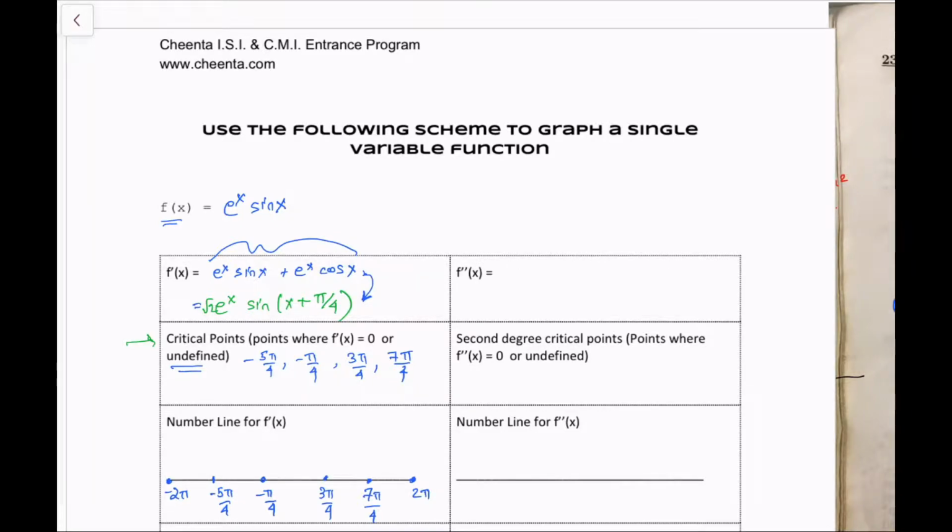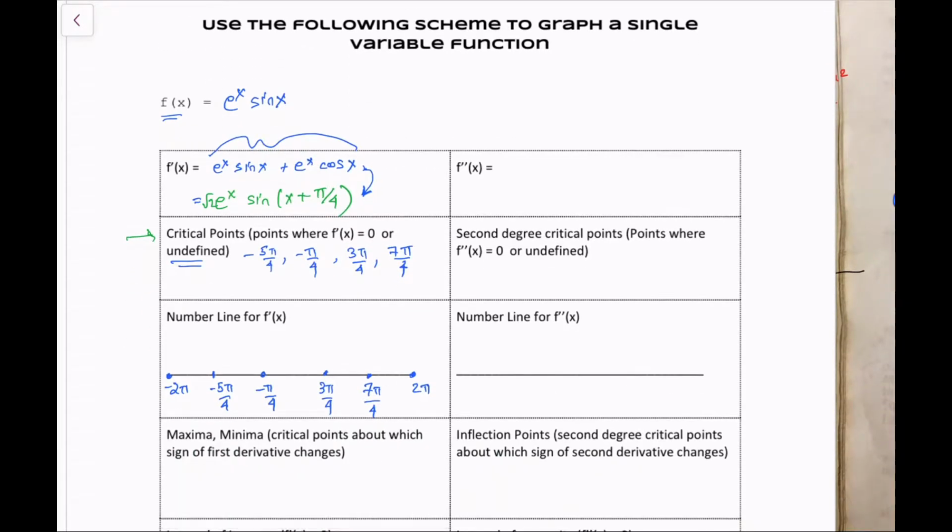And then we found the critical points where the first derivative is 0. It's never undefined because exponential and sine function are defined on the entire real line. And then we plotted these critical points on the number line for f prime x.